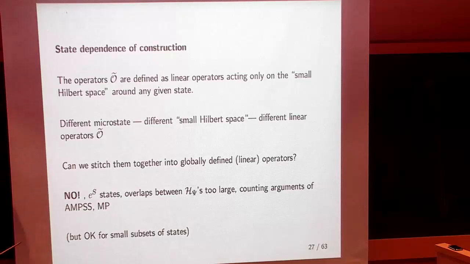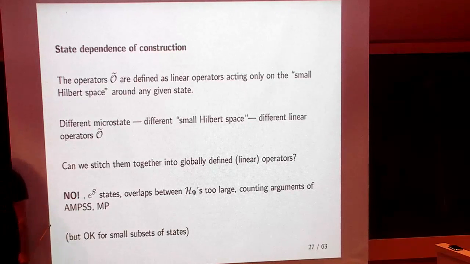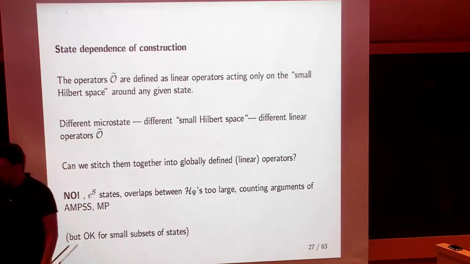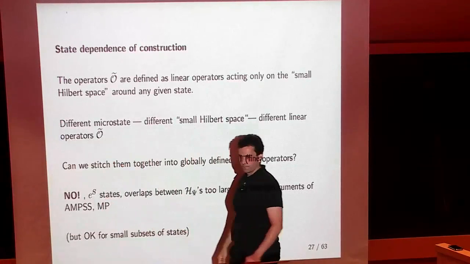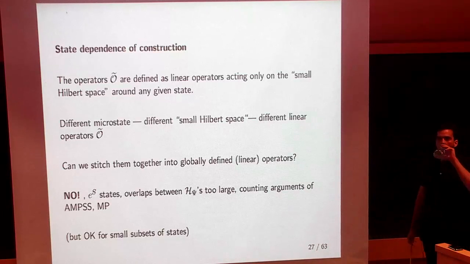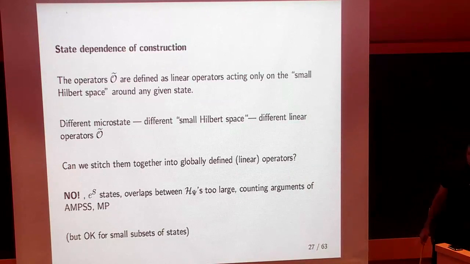Let's say psi 1, psi 2, up to psi k. Then within the subspace generated by those states, I can define a single linear operator which will have the right properties. I really want to emphasize, though, that in ordinary measurement theory in quantum mechanics, you prepare your measuring apparatus first.